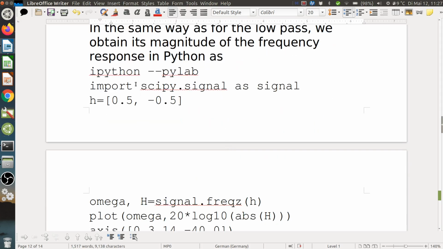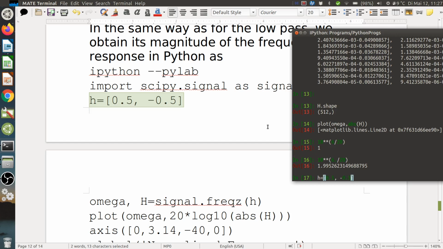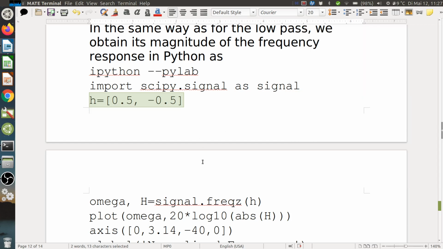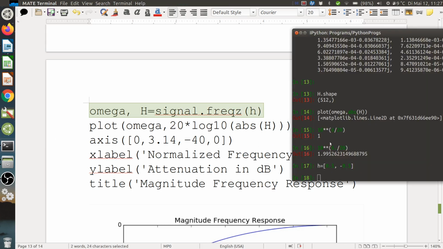So here again, we use SciPy signal. We have now this new impulse response. Let me copy it. So this is our high pass filter. And now we can compute the frequency response using our signal frequency function. I copy it because that was the most convenient.